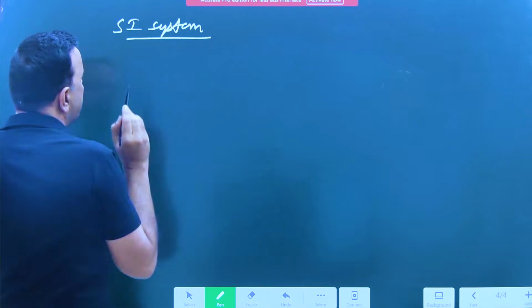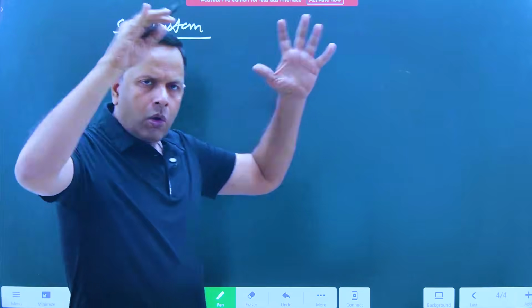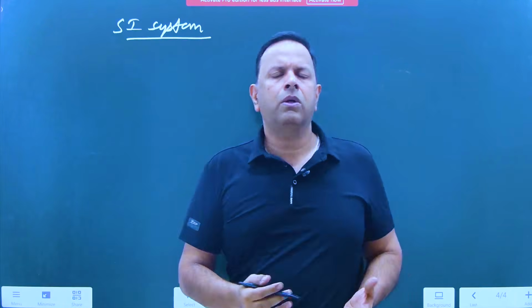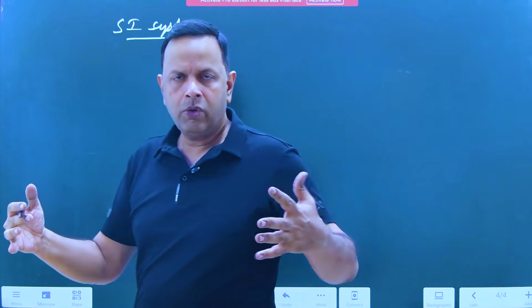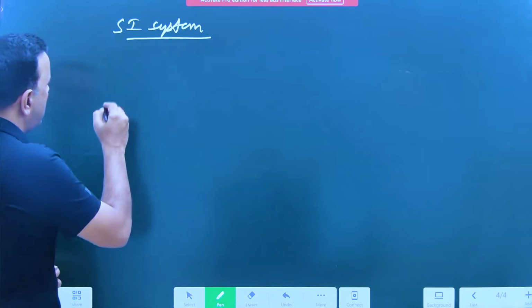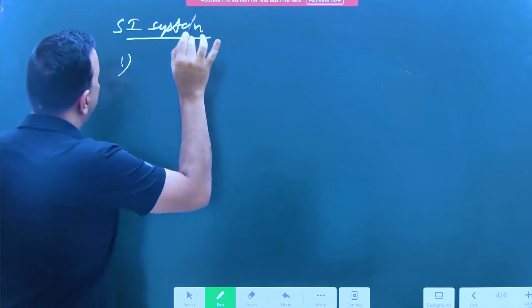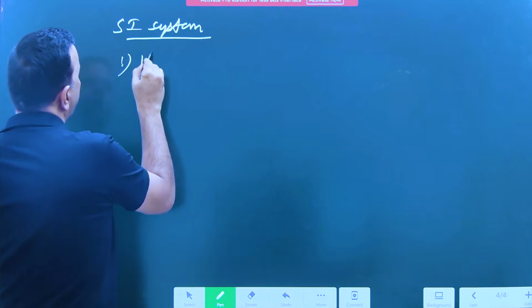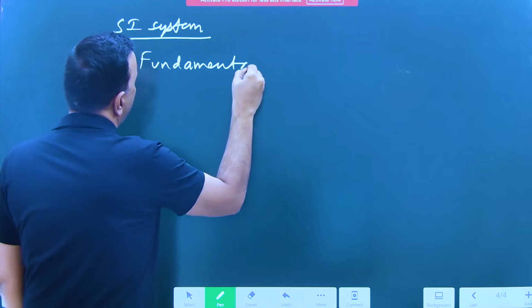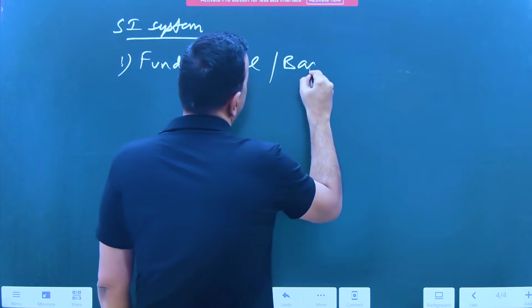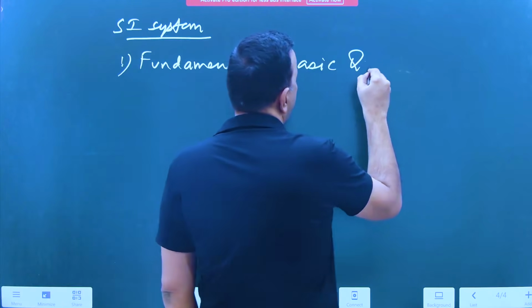Now, as per this SI system, all the physical quantities which we come across are broadly divided into 3 categories. SI system asks us to divide all the physical quantities into 3 categories. One of them is called the fundamental, or we also call them the basic quantities.